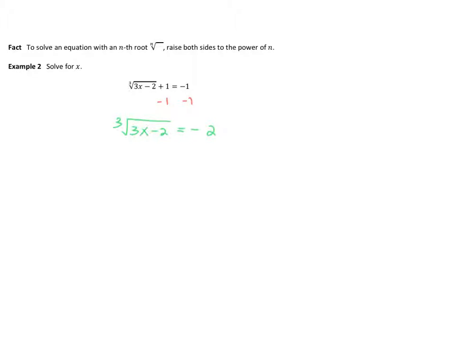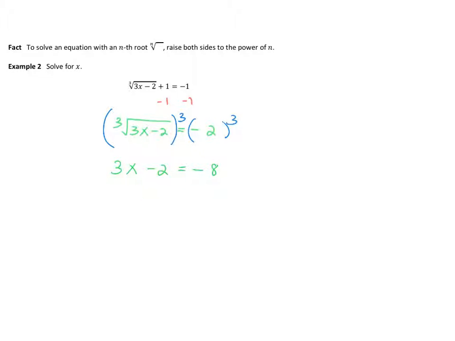I want to do this as my first step because I see I have a cube root, and cubing this side is going to cancel it, but I need this thing completely by itself. So the cube root is by itself. I'm going to cube both sides. And when I do, on the left I get 3x minus 2 is equal to, now if you cube negative 2, the answer itself is going to be negative, and 2 cubed is 8.